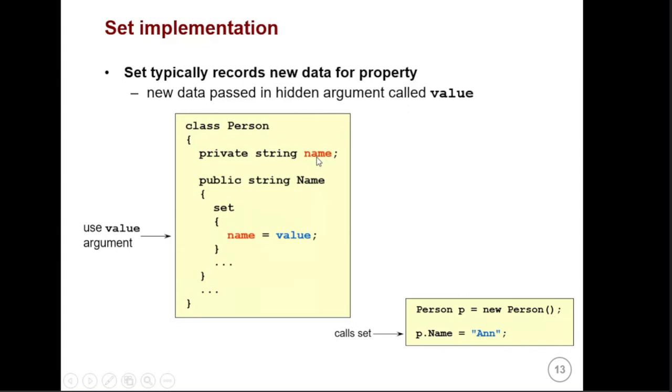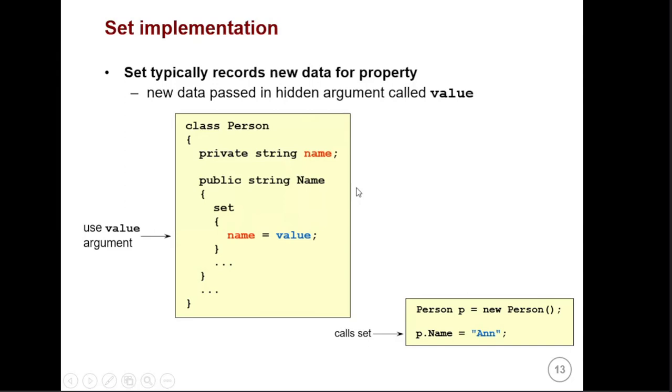Just like a setter method, this property acts as a link between your outside class and the attribute inside this class Person. Though we are not able to see value declared as a parameter, it exists.